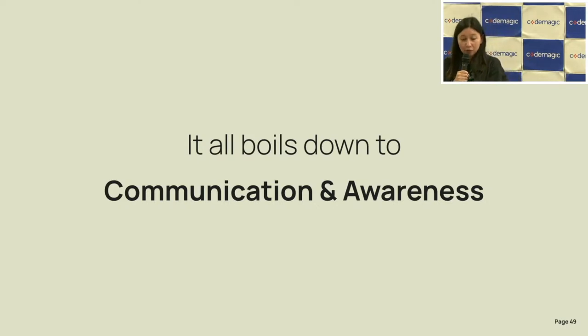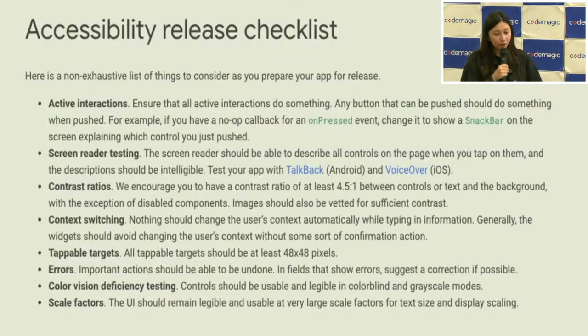A nice thing to have a good accessibility process is checklists. This is a checklist just screenshotted from the Flutter docs. So even Flutter has an accessibility checklist, and I was talking to a Googler who is very focused on accessibility. And he himself told me, Manuela, at Google, we also use accessibility checklists to ensure accessibility.